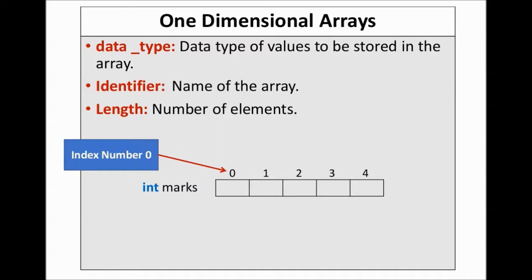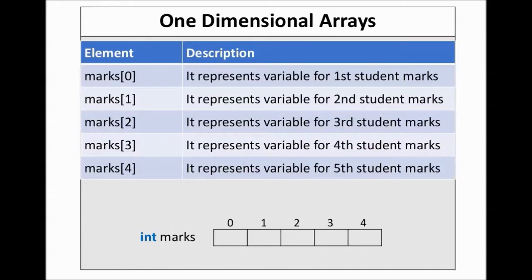So when we create the int marks[5] array, it has index numbers 0, 1, 2, 3, 4. 0 indicates the first element of the array and 4 indicates the last element of the array. So if we write marks[0], it represents the variable of the first student's marks.